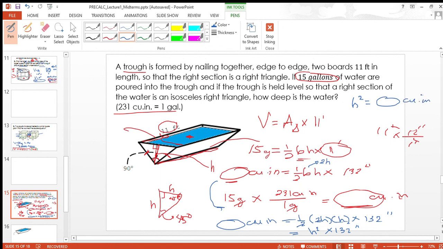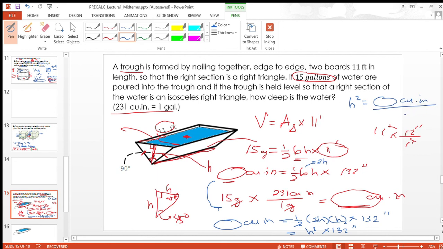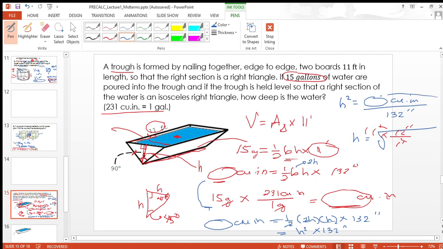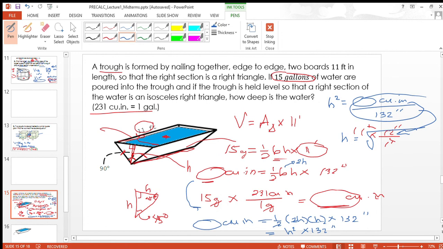That's in cubic inches divided by 132 inches. So, pag titingnan nyo, cubic inches kasi ito, di ba? So, pag nag-cancel yung inches and inches, magiging square inches. H squared yan. Pag nag-extract kayo ng square root, magiging inches na lang. Okay? Therefore, H will now be the square root of whatever value you have here. So, there you have it for the third example.